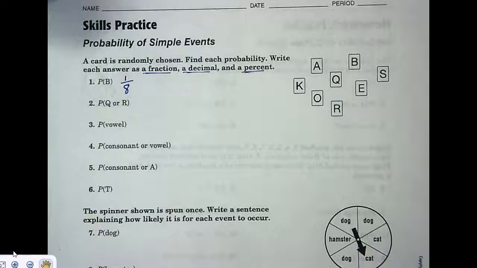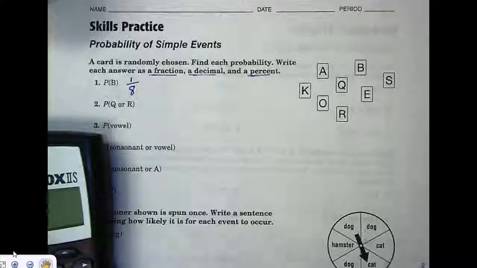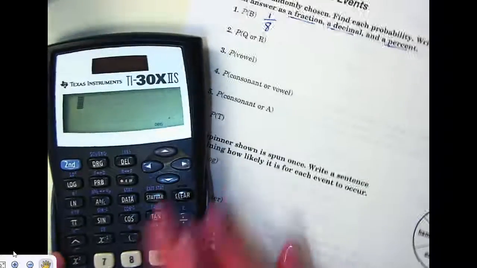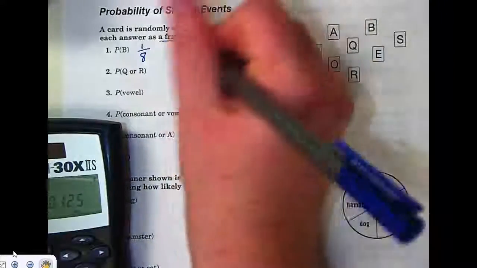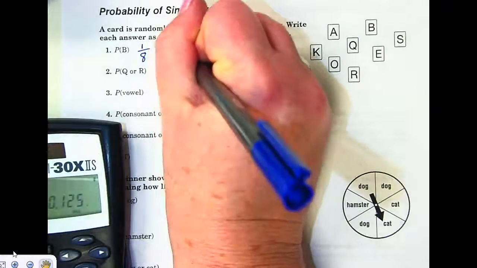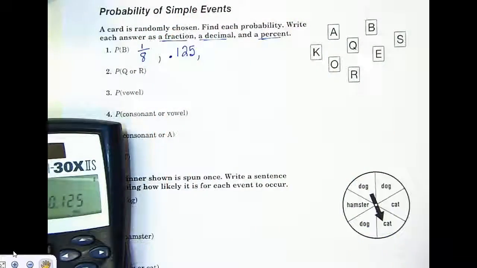How are we going to turn that fraction into a decimal? How do we change a fraction to a decimal? What is it? Divide. What are we going to divide? 1 divided by 8. So that is 125 thousandths.